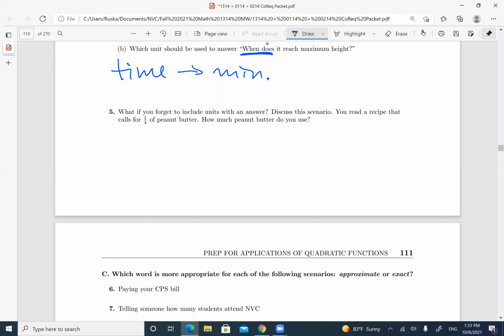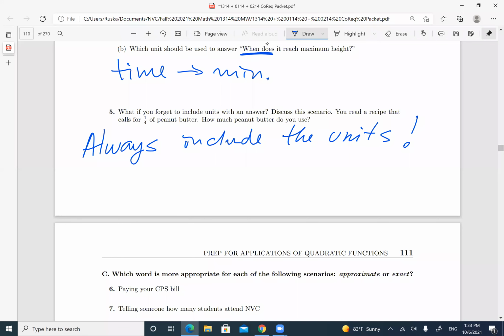We don't know what it is. Kilogram, 1/4 of kilogram, 1/4 of cup, 1/4 of teaspoon, 1/4 of what, right? So this is very important. Make sure when you solve word problems, you always include the units. Always, okay? Everybody understand that? It's very important to include the units for your answer, okay?